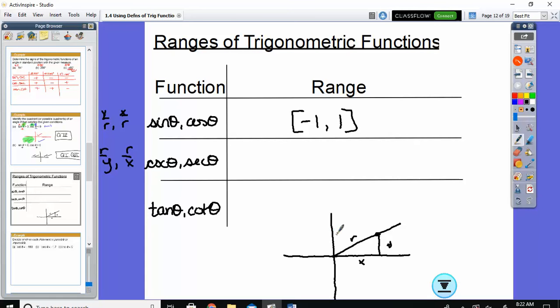Now it could equal 1 if you're on a quadrant where your r and your y are the same. And we could also have negatives. So secant and cosecant are really the opposite of sine and cosine. You get things smaller than -1 or bigger than +1. You don't get anything in between. So only things bigger than +1 or smaller than -1.